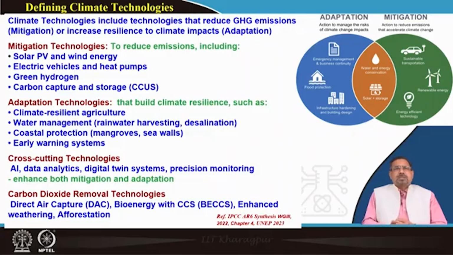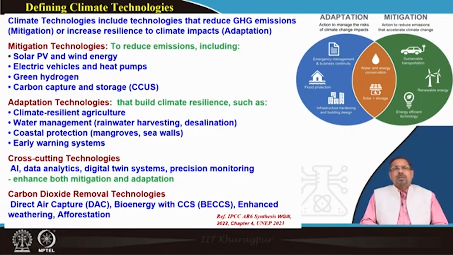As far as mitigation technology is concerned, what are the technologies we have to reduce greenhouse gas emissions? That could include solar photovoltaic cells and wind energy, electric vehicles and heat pumps, green hydrogen, and carbon capture and storage technologies.